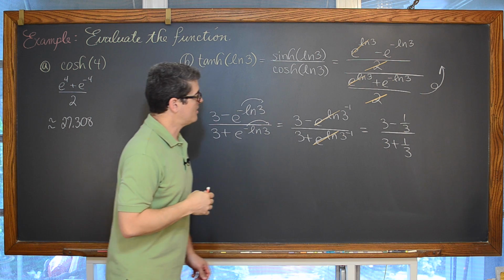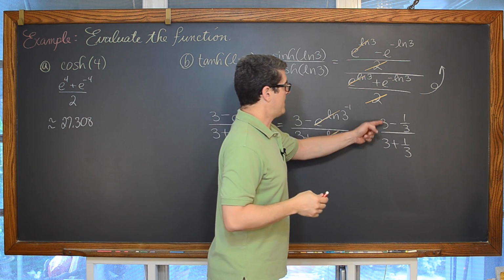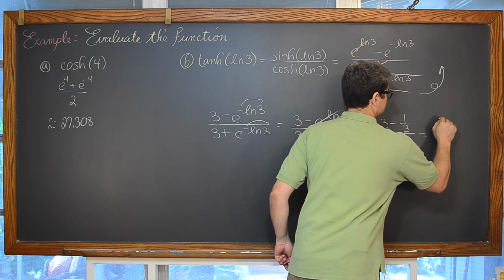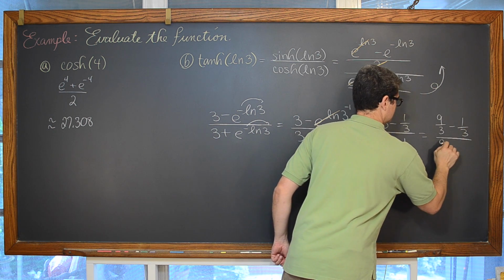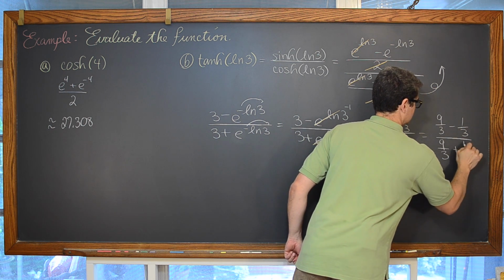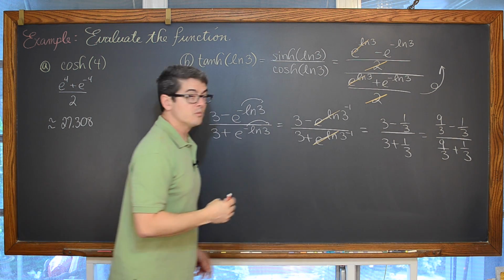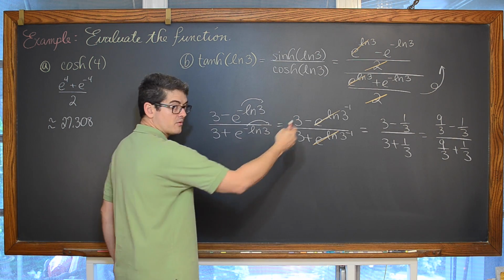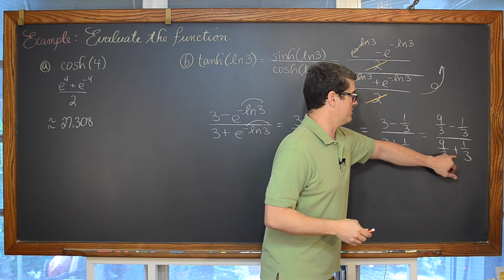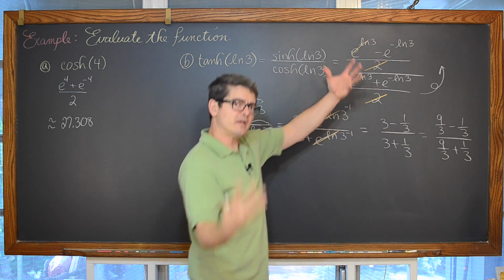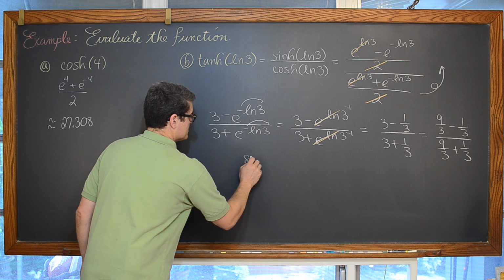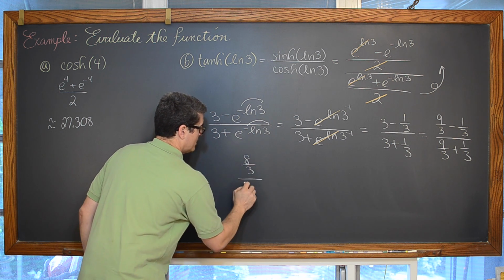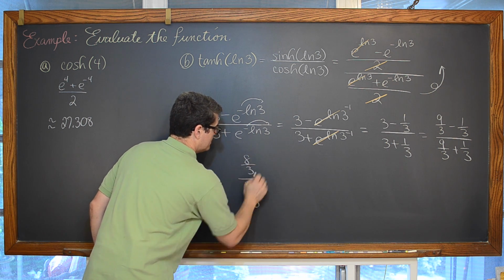We need common denominators. That's going to become 9 over 3. And with those common denominators, we also are going to see this common denominator in the numerator and denominator of our big fraction cancel out as well, but we're going to have 8 over 3 over 10 over 3.